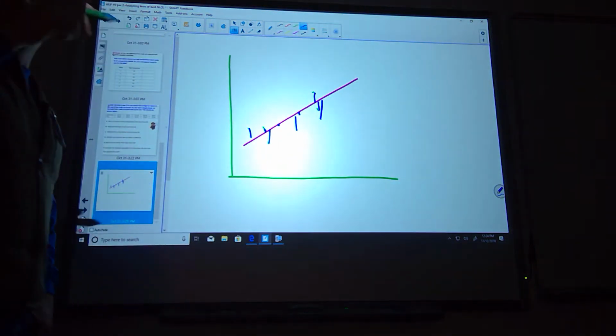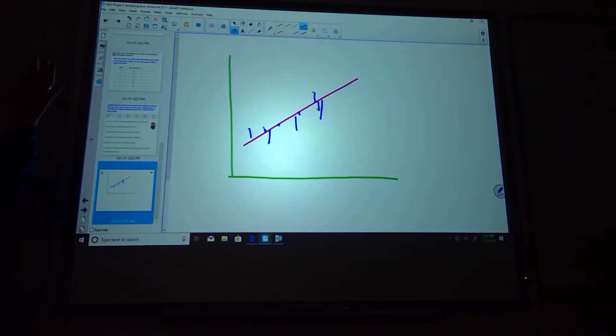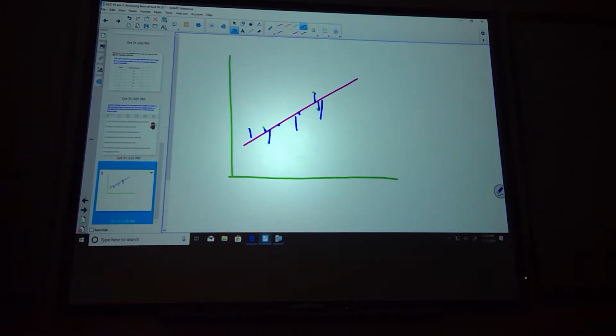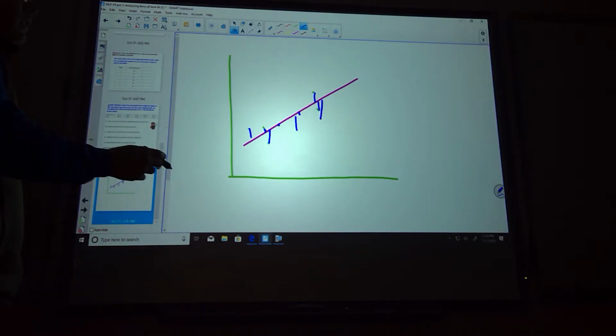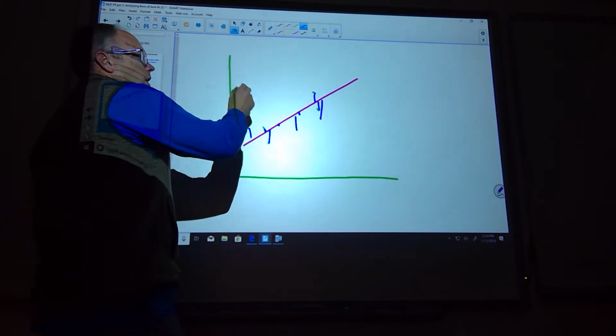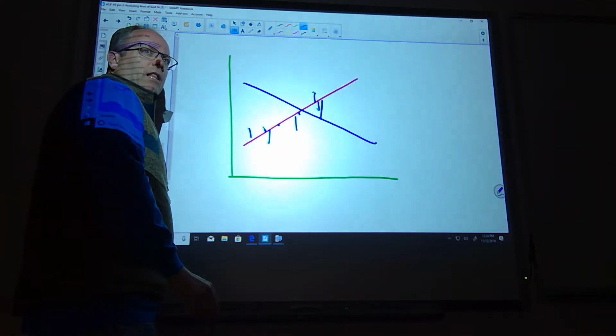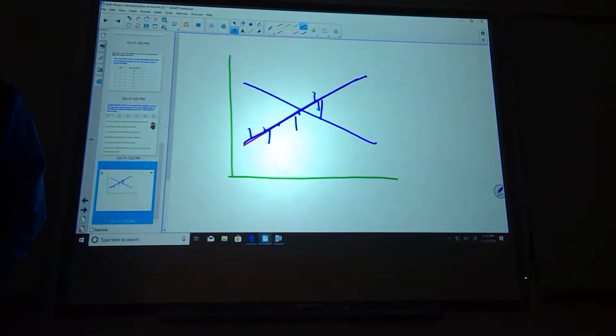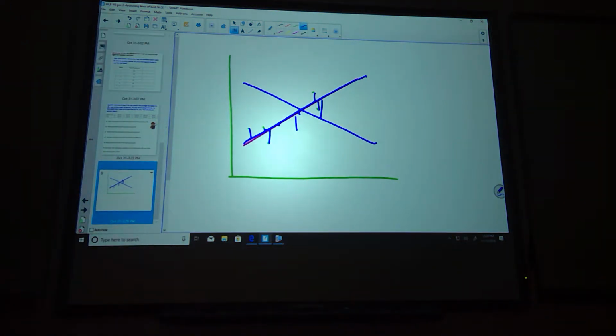If I take those vertical distances from my points to my line of best fit, add them up, and divide by how many points I have, it gives me an average. So the closer it is to 1, the better, or the closer it is to -1. It'd be -1 if the line went like that, a negative slope line, and +1 if it's like that. That's all it's doing. It's just taking the average of the distance from the points to the line. That's the fundamentals of it.